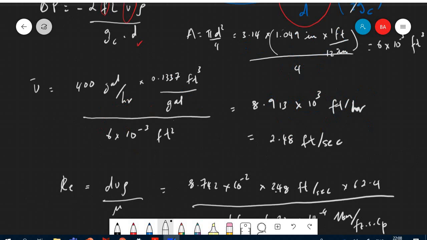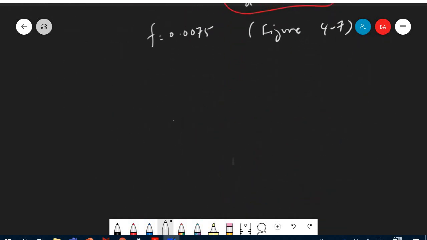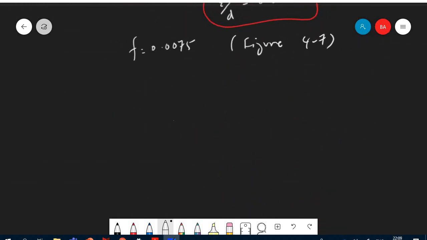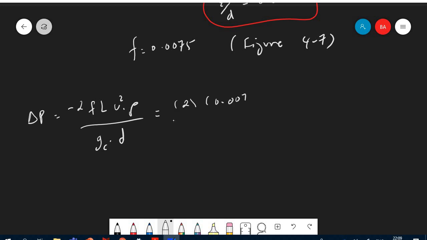Okay, great. So going back to the top here, the answer will be minus, that is the delta P because it's dropping, right? That is minus 2 FL U square rho divided by GC D, and that is equal to 2 into the F, which is 0.0075, into L, which was 22 feet.